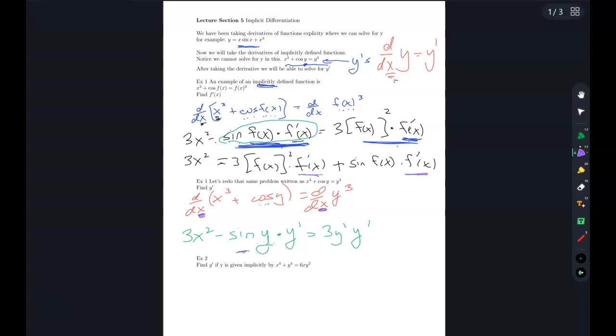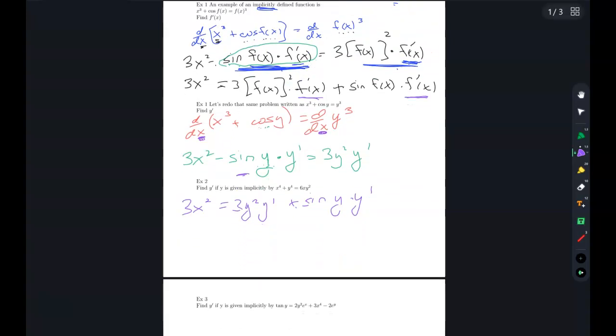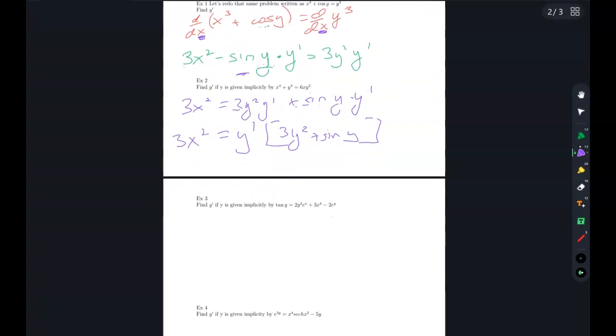So now I'm going to add this to the other side. I get 3x squared equals 3y squared y prime plus sine of y, y prime. Then I'm going to factor the y prime out of these two terms: 3y squared plus sine of y, and 3x squared on the other side. Now I'm going to divide through by this.